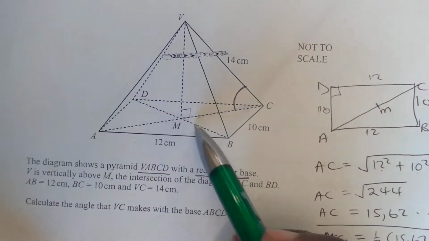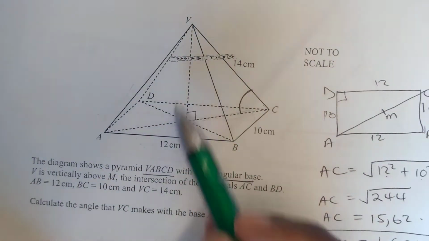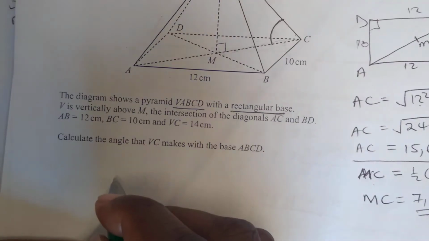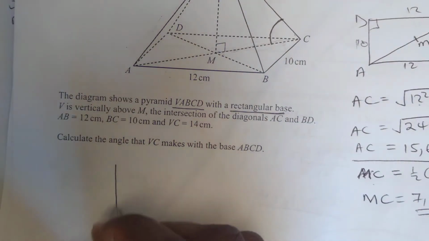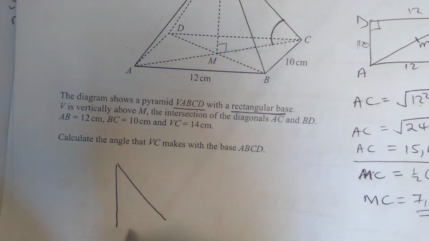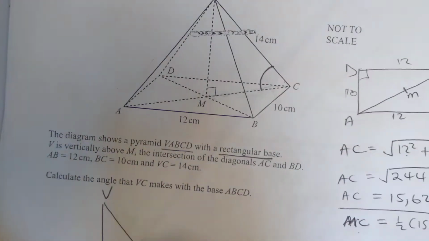So if I can take this part and redraw it here, I will have C here, M there, and V. Then this is a right angle triangle. We are given 14 and 7,81 for the dimensions.